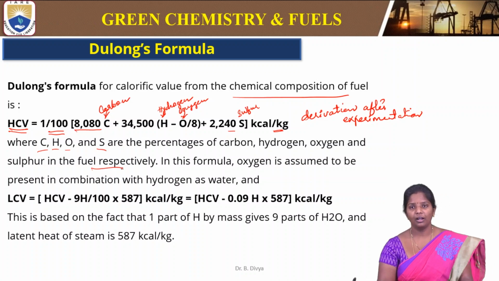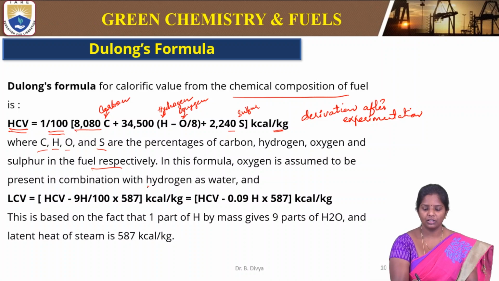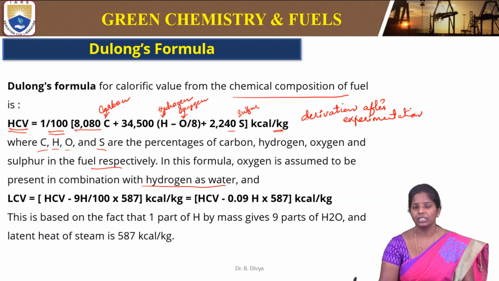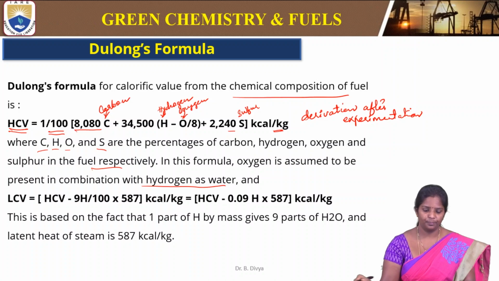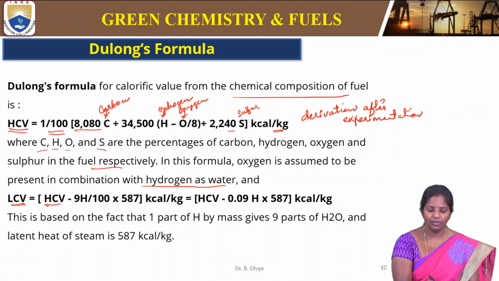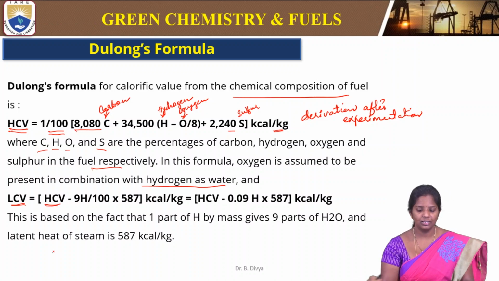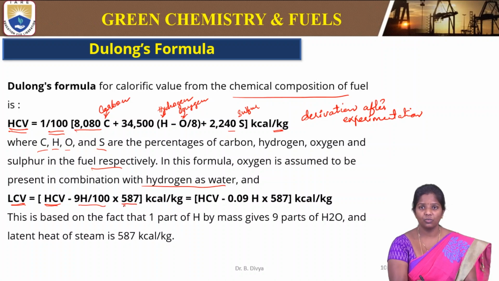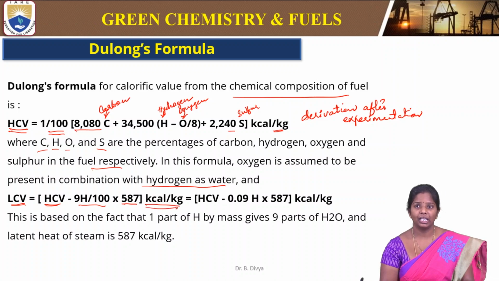In this formula, oxygen is assumed to be present in the form of water with hydrogen. So oxygen is always in the form of moisture or water along with hydrogen. The lower or net calorific value is taken as HCV, the gross calorific value, minus 9H by 100 into 587, where 587 is the latent heat of water vapor. That gives the result in kilocalories per kg.